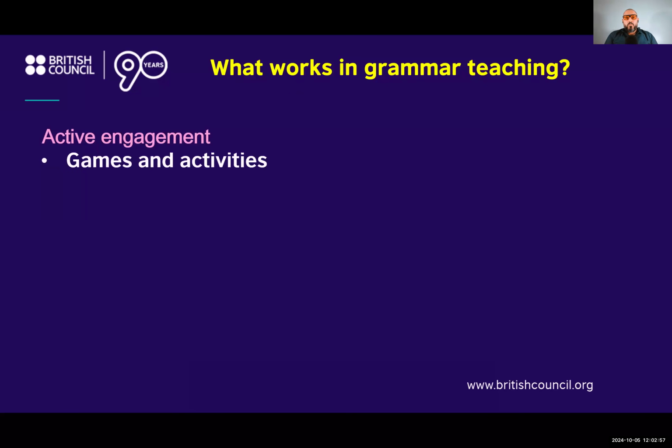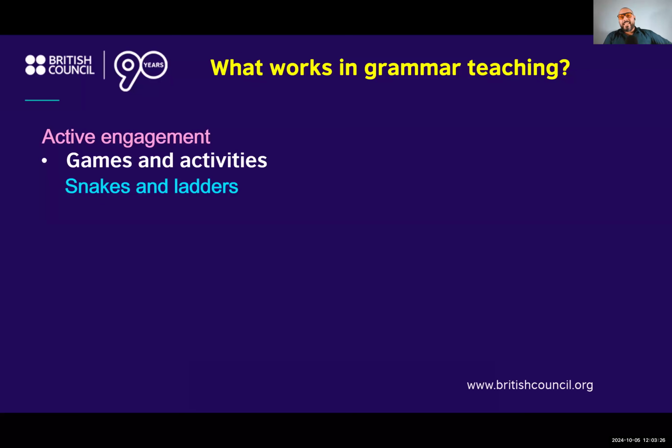Active engagement is like having the learners actively involved in the learning process and using grammar in meaningful ways, just like using the language in real life contexts. So instead of just memorizing rules and doing drills, students participate actively in engaging grammar activities and games. And they will definitely love your classes.